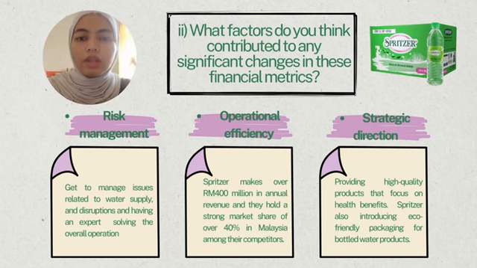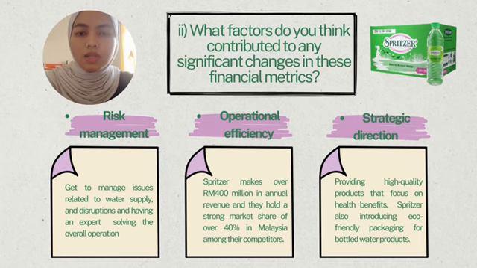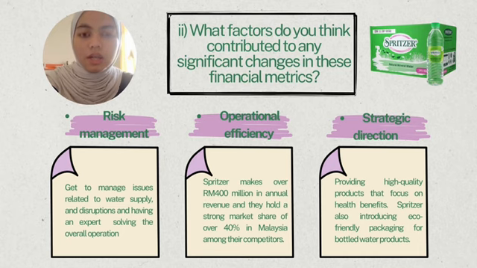The second factor is risk management. In managing risk, Spritzer ensures a stable water supply, handles supply chain uncertainties, and addresses customer loyalty and regulatory compliance. They also have qualified staff and efficient processes. The last factor is strategic direction.